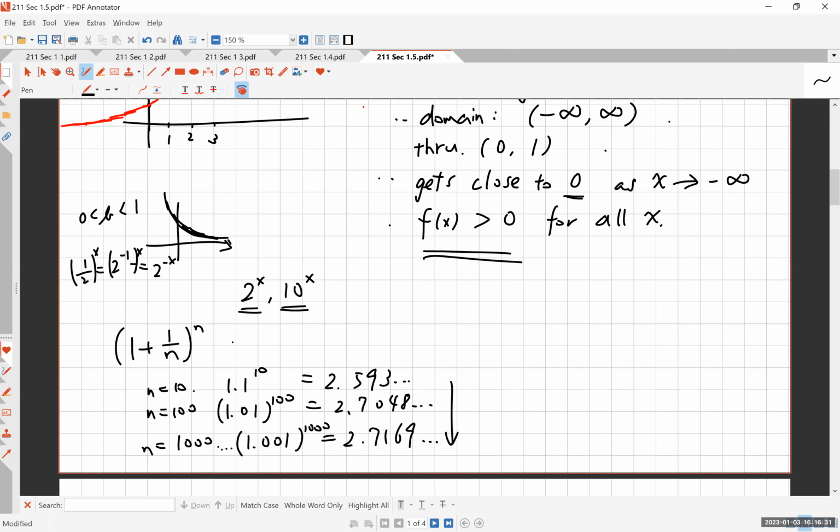So what happens is, as people discovered, as n approaches infinity, let me just go ahead and erase these other things, okay? As n approaches infinity, this thing settles somewhere close to 2.71.